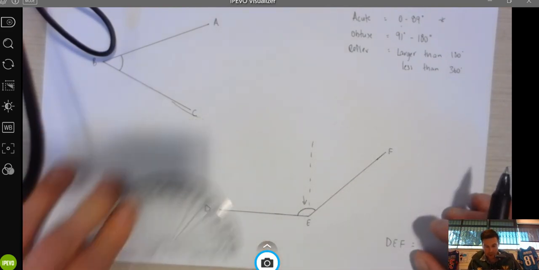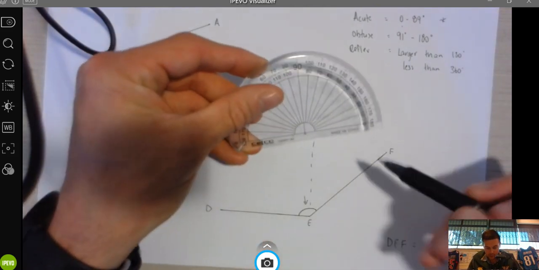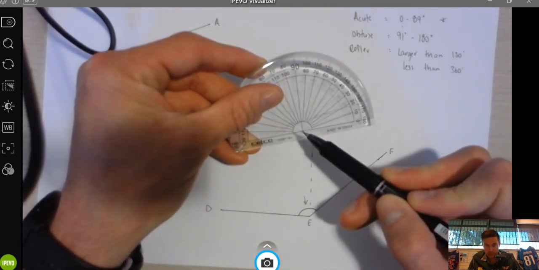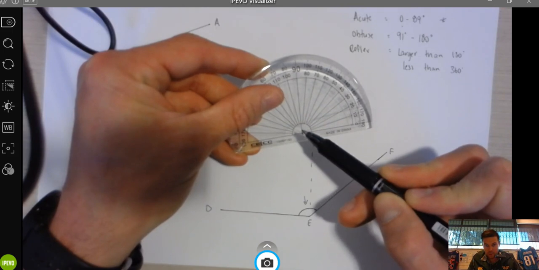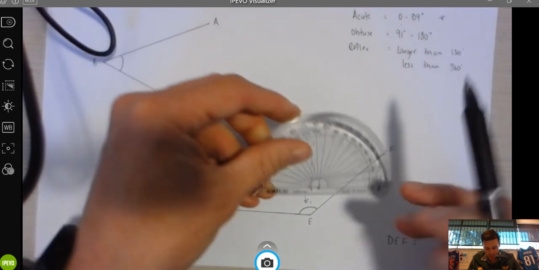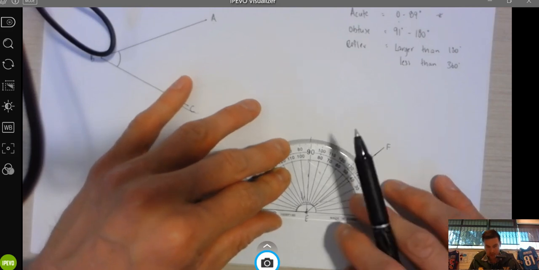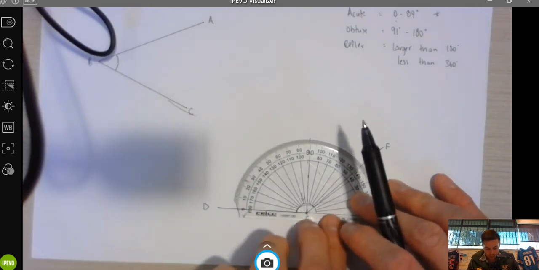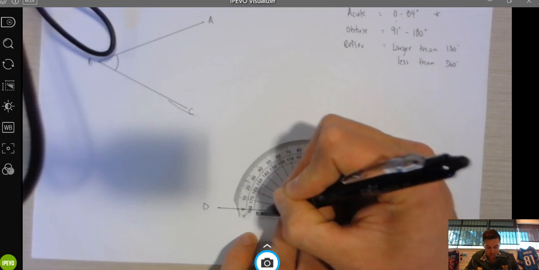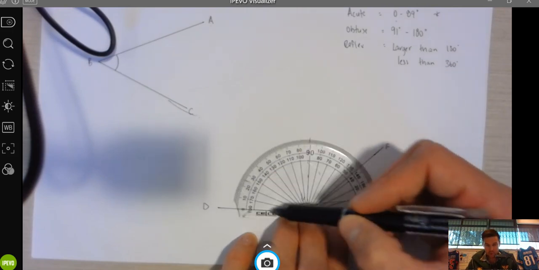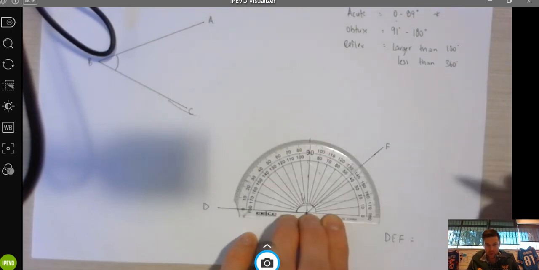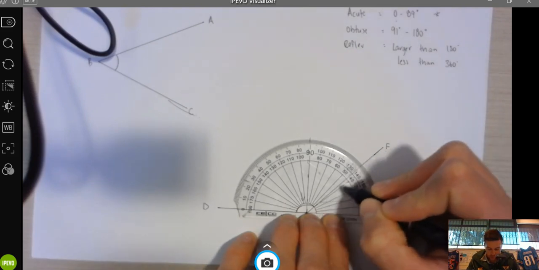So again, we get our protractor, and we look at where that point is, right in the middle there, which is the matching up between that section. We put that on that corner, just like so. Now, our bottom line is in line with the bottom section, so we can see that all belongs along there. Now we just need to follow this line up.